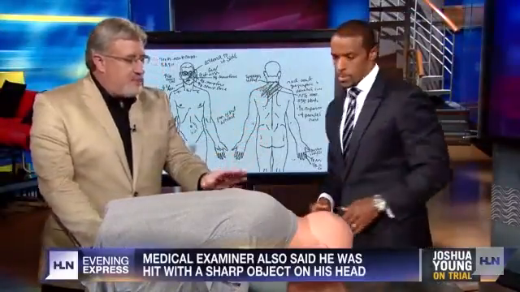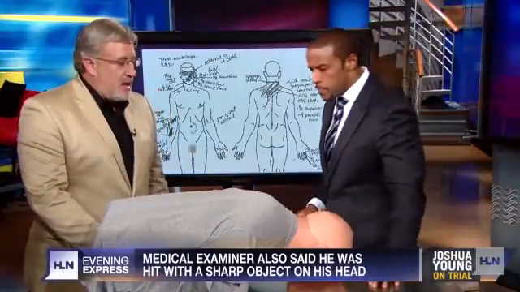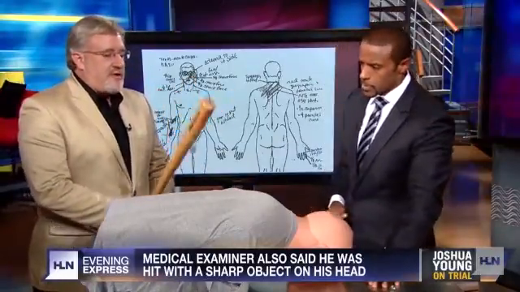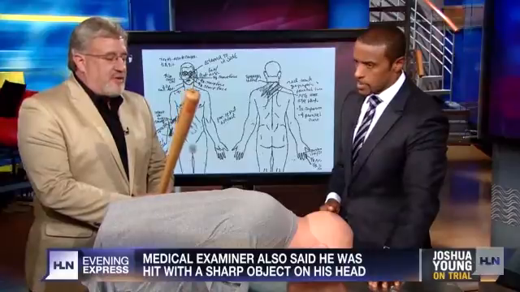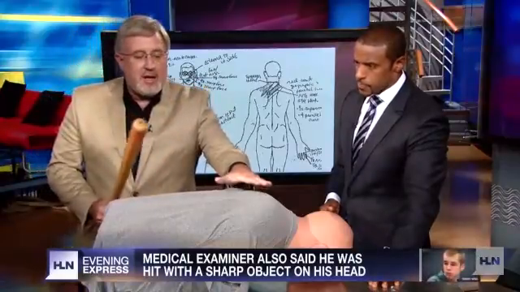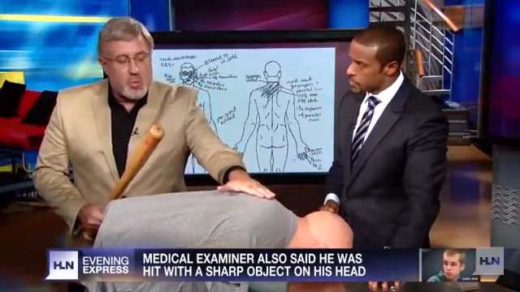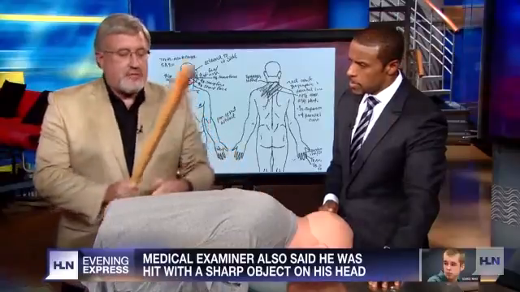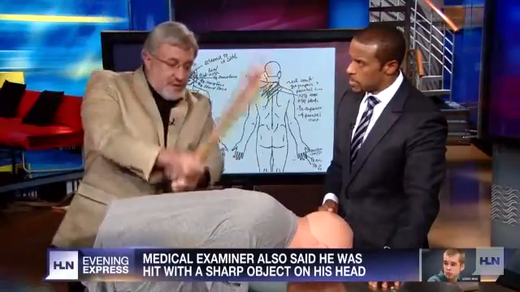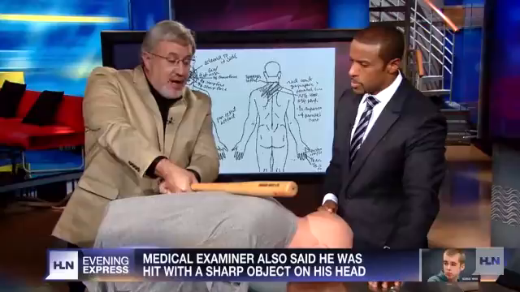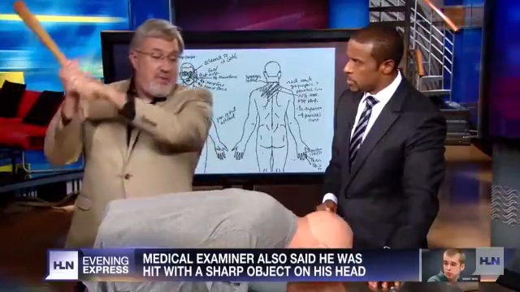We have here a dummy that's representing a human form. We can take, say for instance, a blunt instrument like this bat. Now, keep in mind, these injuries run diagonal to the shoulders. So there's got to be a striking motion that comes down on the shoulders repeatedly, over and over again.